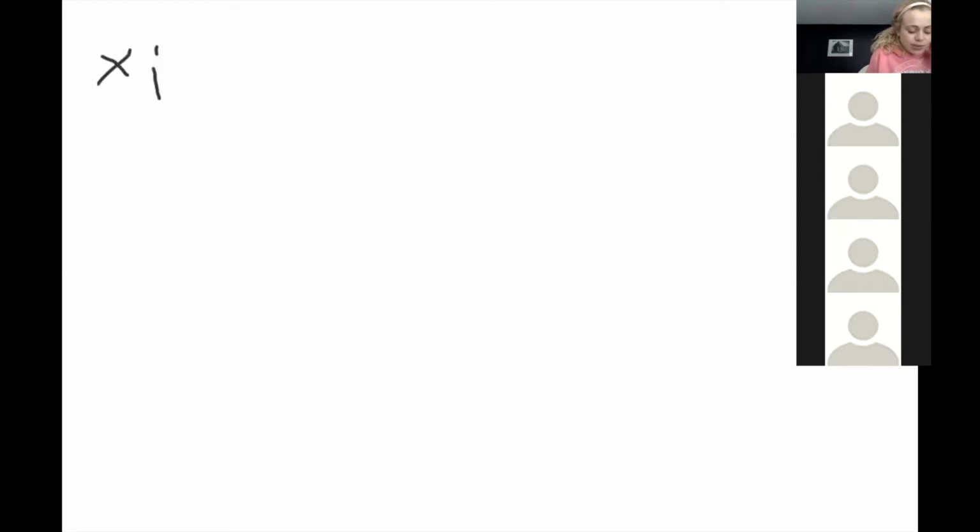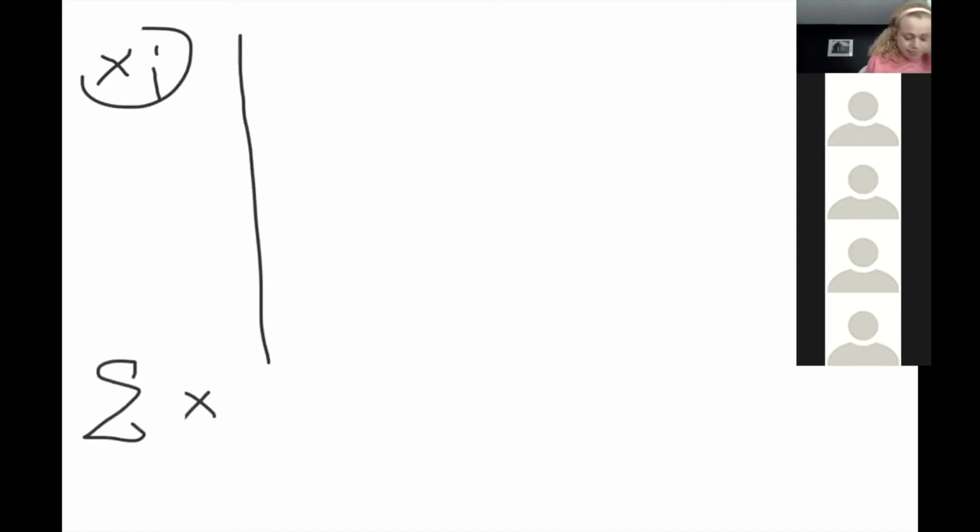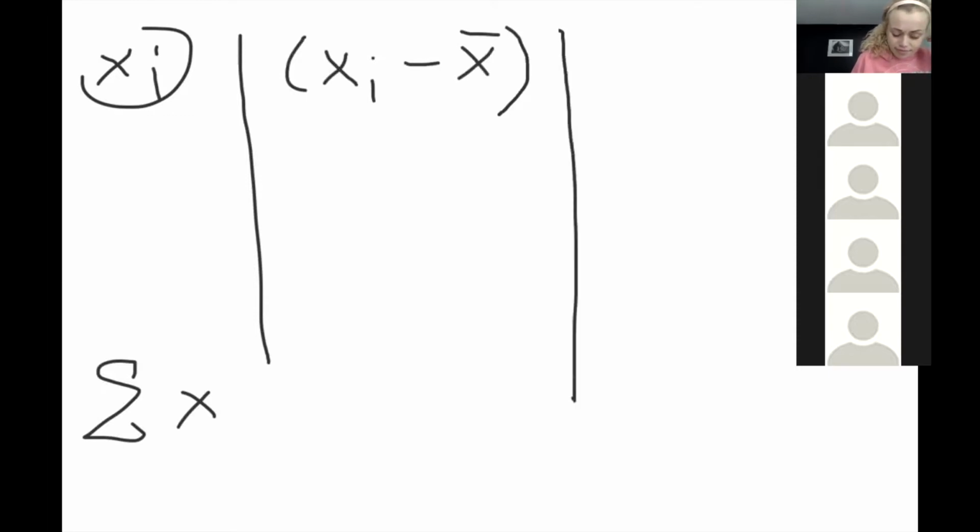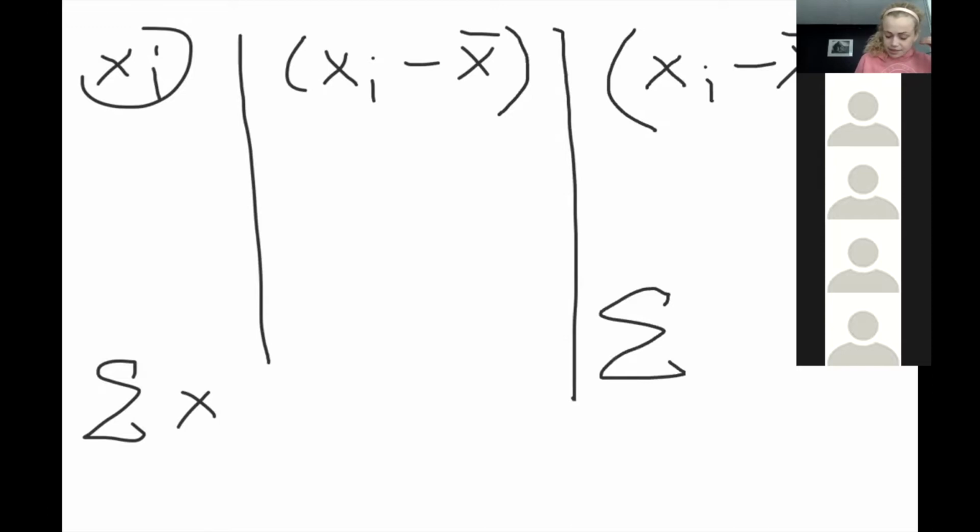You calculate x1, x, the sum of all the x, and then the deviation about the mean. And then you calculate the squared deviation about the mean. And then you sum it, so you get this. So this is your procedure.